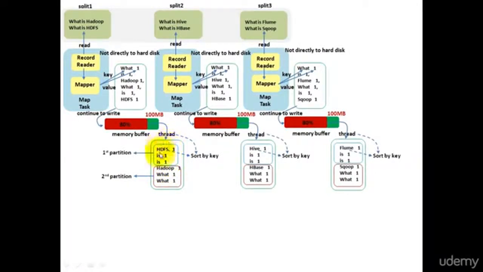Within each partition, the background thread sorts all the records by the key. All these partition and sorting activities are done inside the memory buffer. Only then it is written to the disk. If you observe the output clearly, you will see that 6 records are written to the disk by each map task.